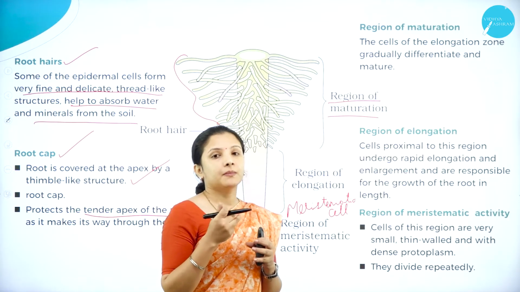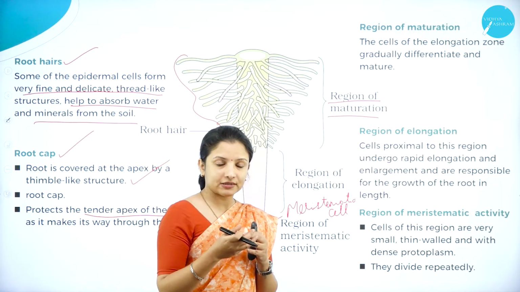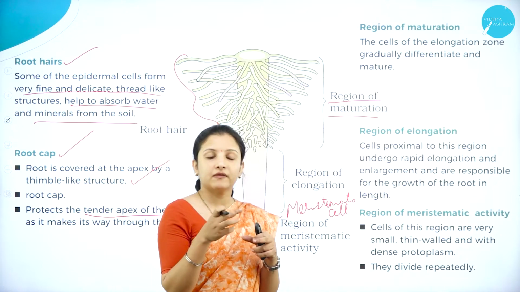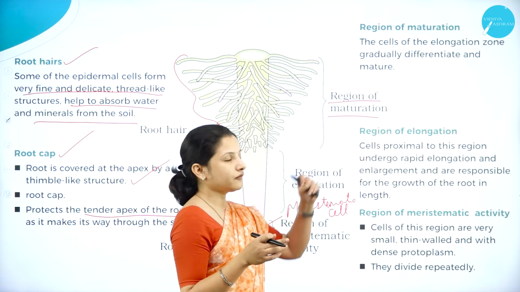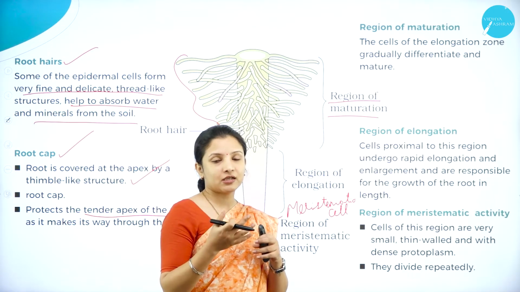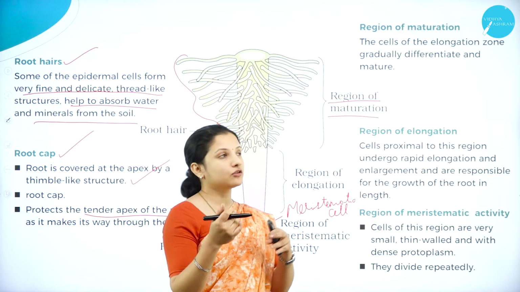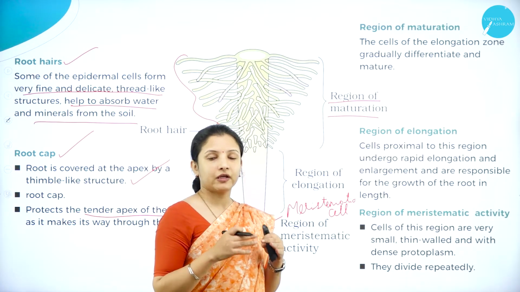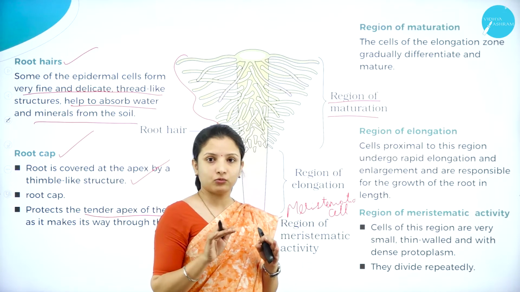Those newly formed cells will get elongated. They will increase in their size in the region of elongation. Those cells will then enter into the maturation phase, wherein the growth of the cell would be complete.